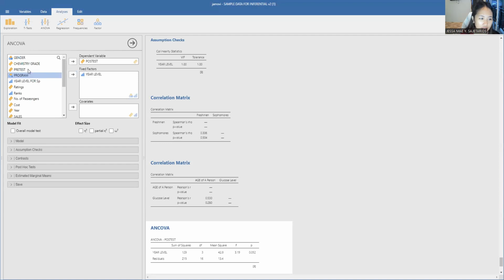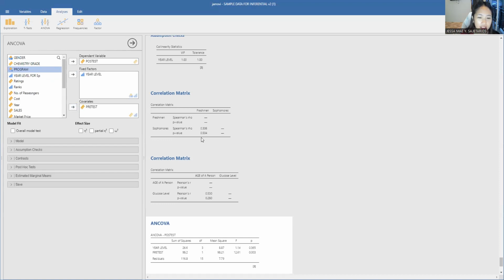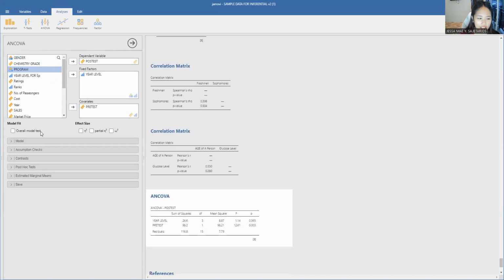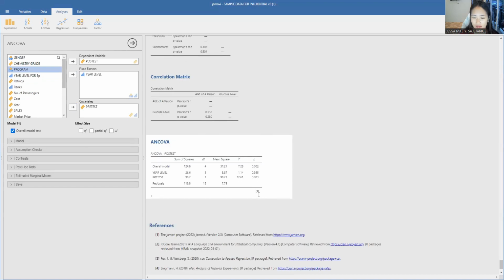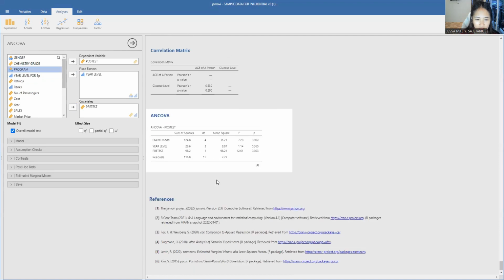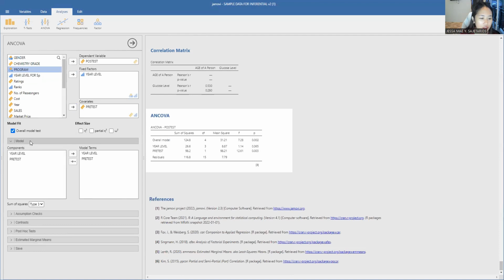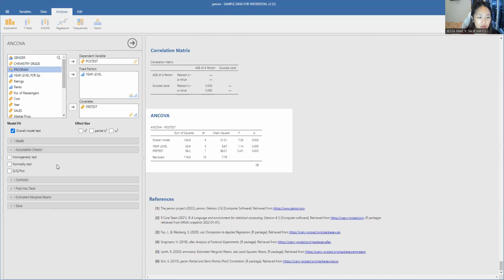And then our covariate is the pretest. So let's try to check if there is a significant difference. Okay. All right. But before that, of course, we have assumptions.